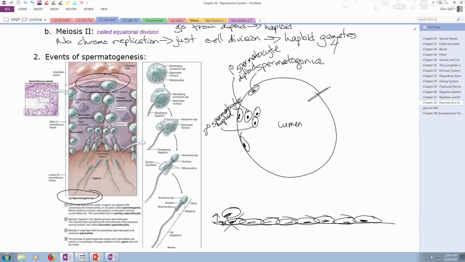In the egg, we end up with one. Now we're in the seminiferous tubule, and we don't hesitate. We go straight through. So we will go into meiosis II and come out of meiosis II as spermatids. 1, 2, 3, 4.